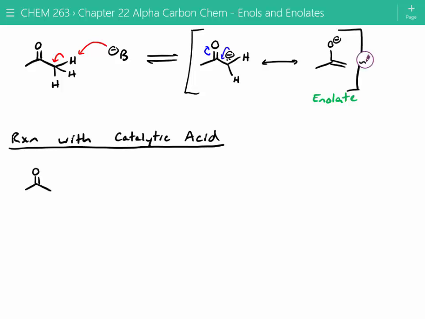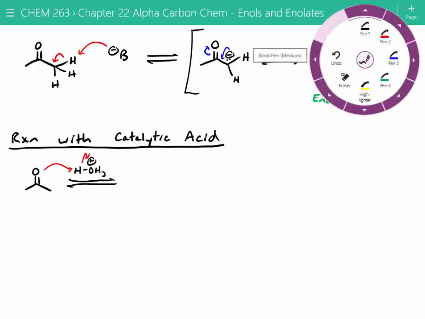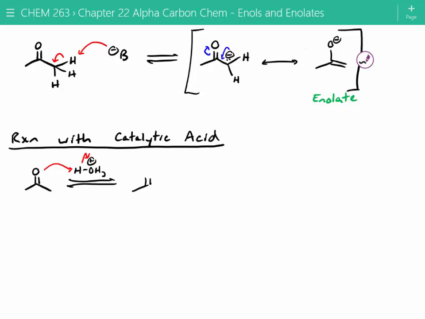If we have a ketone with acid around, we can protonate the carbonyl. And that turns it into a good electron acceptor now.